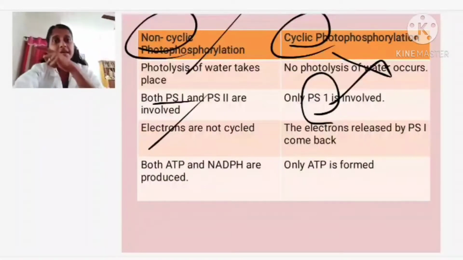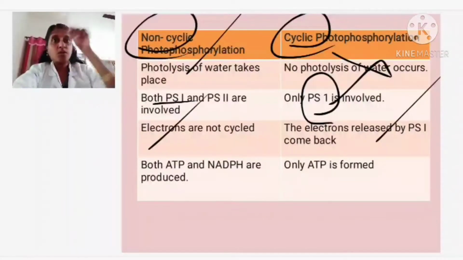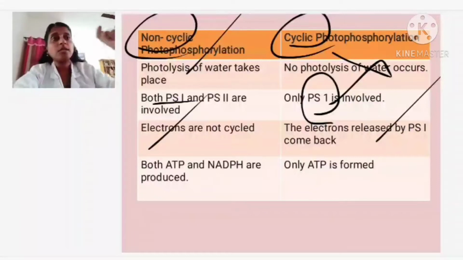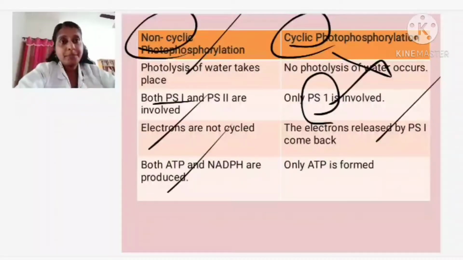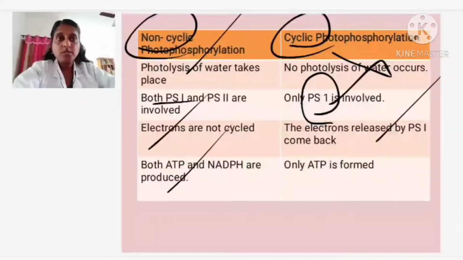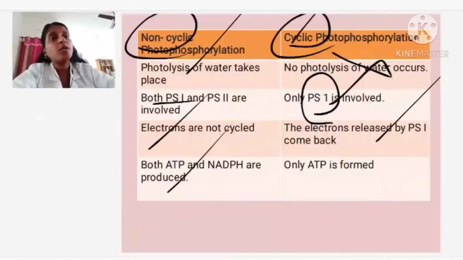Electrons do not come back again. But here, electrons are on a roll. They keep moving. That's why the electrons released by PS 1 come back. Next, both ATP and NADPH2 are produced in non-cyclic, but here only what is produced?